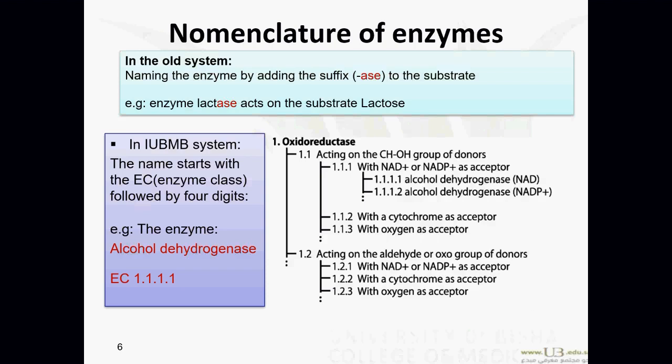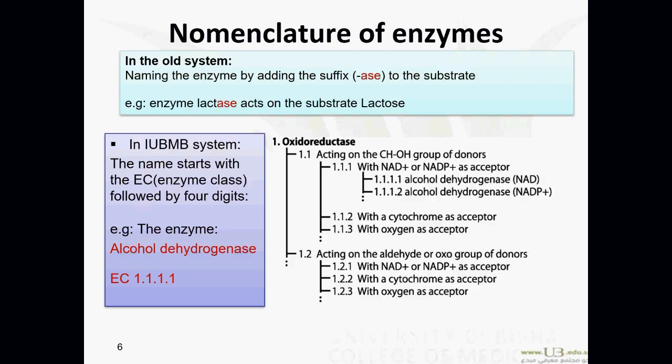So for alcohol dehydrogenase, the acceptor is the NAD. This is the full code of the alcohol dehydrogenase, which is activated by NAD as acceptor. You can find an alcohol dehydrogenase which uses the oxidized form of NADP as the acceptor, and this will be a different sub-subclass, and it will follow like this.